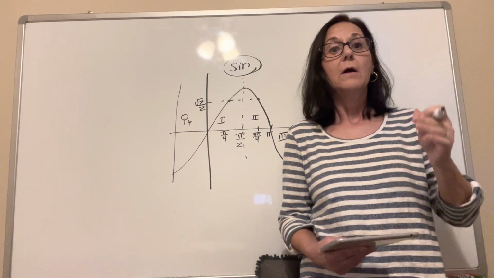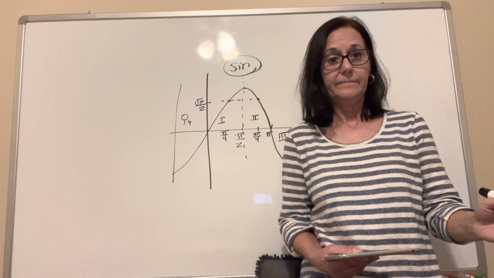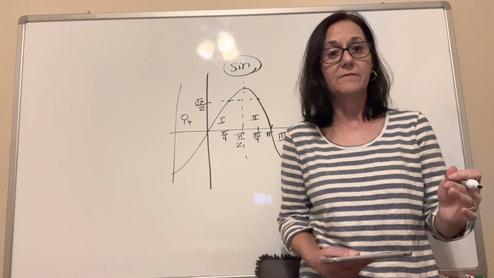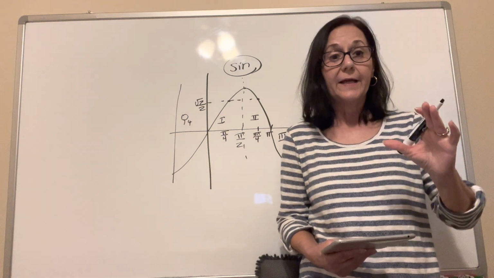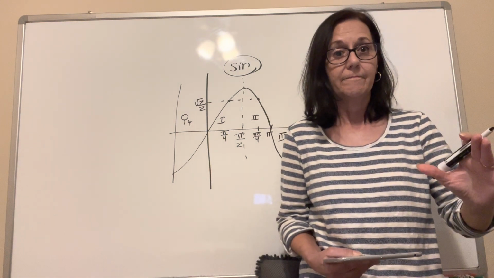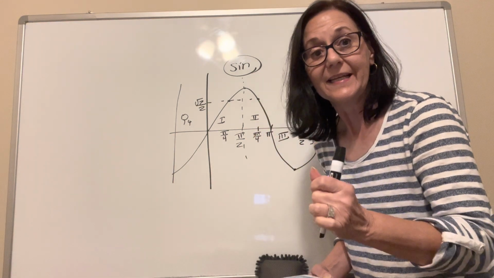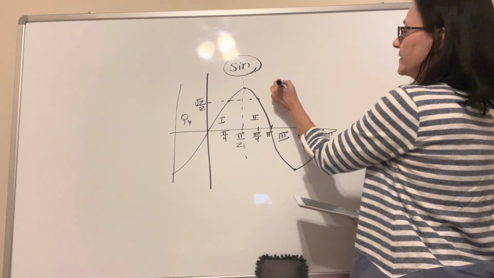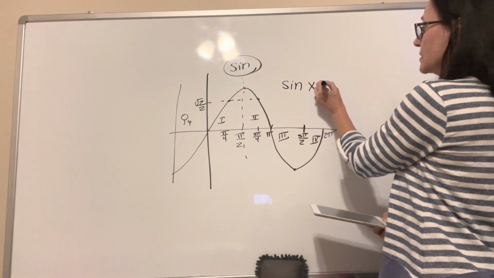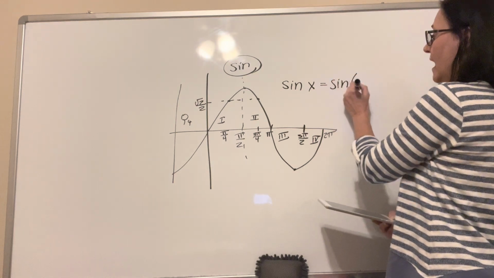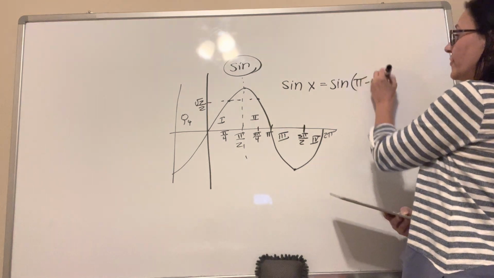All right, so when we are looking at the sine curve, we need to remind ourselves that if we're talking about a positive value, we need to be looking in quadrants 1 and 2. And one of our identities says that the sine of any radians equals the sine of pi minus those radians.